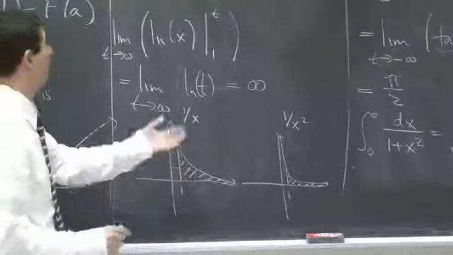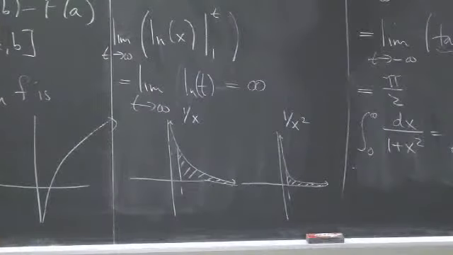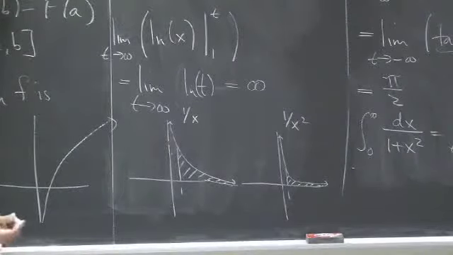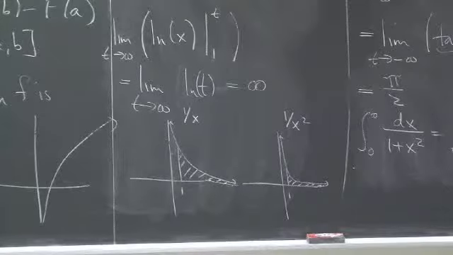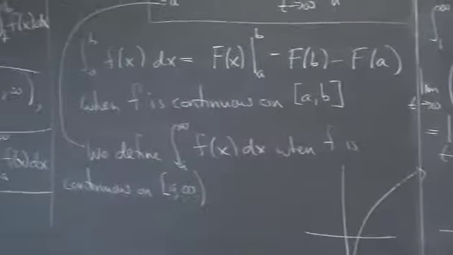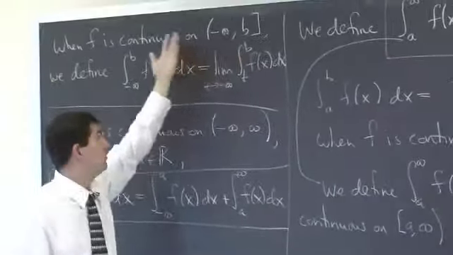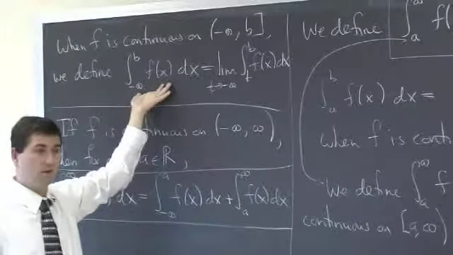So you have to always say with these things that you have this equality if this limit exists. I mean, you define it as a number if it exists. If this limit doesn't exist, then this thing doesn't exist. Same thing happens over here with the negative one. This limit just might not exist, and then this integral doesn't exist.